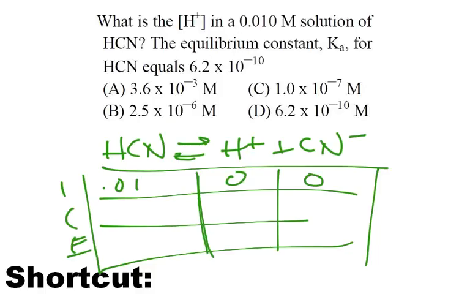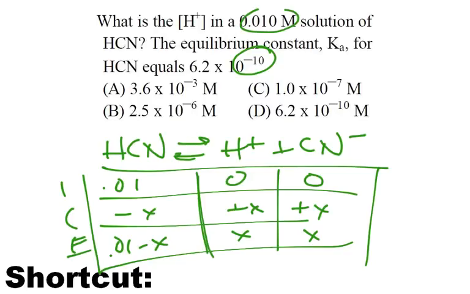This is 0, minus x, plus x, plus x, x, 0.01 minus x. And this value is pretty small compared to our initial value. So we know x is going to be small enough to ignore. We're going to substitute that into the Ka expression.